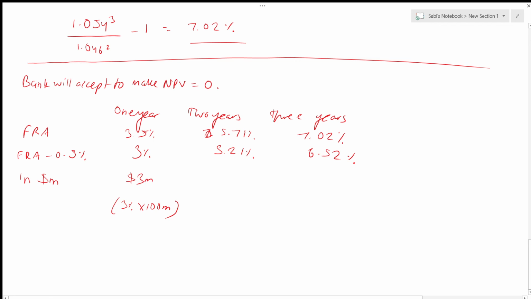Same way, 5.21% into 100, it will be dollar 5.21 million. And here it will be dollar 6.52 million. Now, the bank's expected receipts. Payment by the company, that means what we are paying. We are paying at fixed rate. That is a receipt for the bank. So the bank's net cash flows will be what?